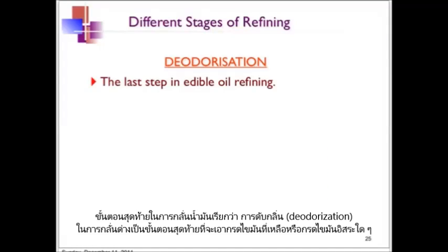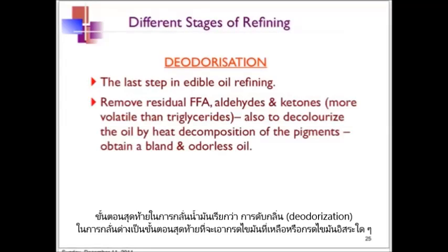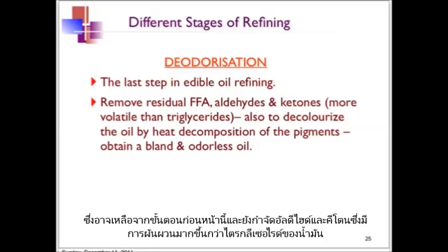The last step in edible oil refining is called deodorization. In alkaline refining, deodorization is the last step to remove any residual traces of free fatty acids which may survive from the previous step, and also to remove aldehydes and ketones which are more volatile than the triglycerides of the oil.